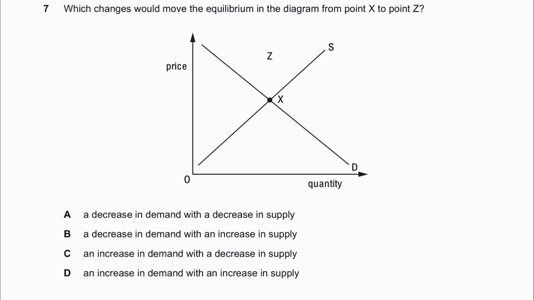Okay, question 7. Which changes would move the equilibrium in the diagram from point X to point Z? So here to here. Okay, let's just try to draw out.